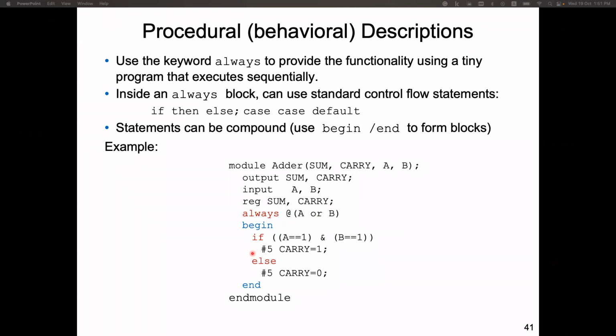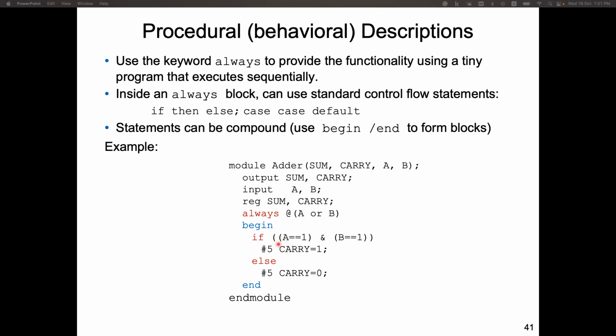Actually, we have seen this example earlier. Here, to produce the outputs, we check the value of inputs. We check whether A equal to 1 and B equal to 1, the carry output will be 1.